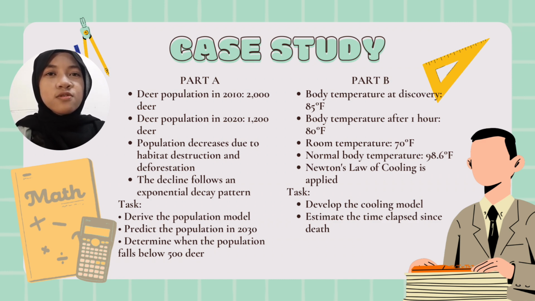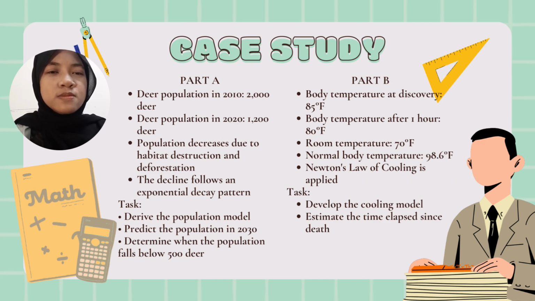Next, we'll move on to part B. The case study involves estimating the time of death using Newton's law of cooling. A dead body was discovered in a hostel room with a room temperature of 70 Fahrenheit. The body temperature was measured at 85 Fahrenheit when discovered and decreased to 80 Fahrenheit 1 hour later.